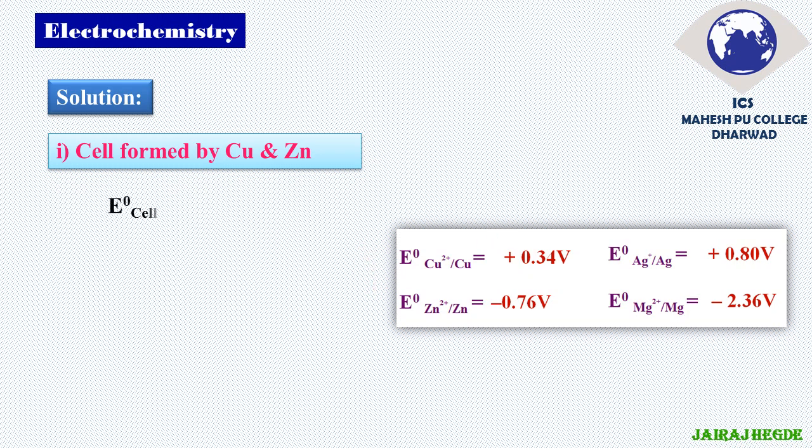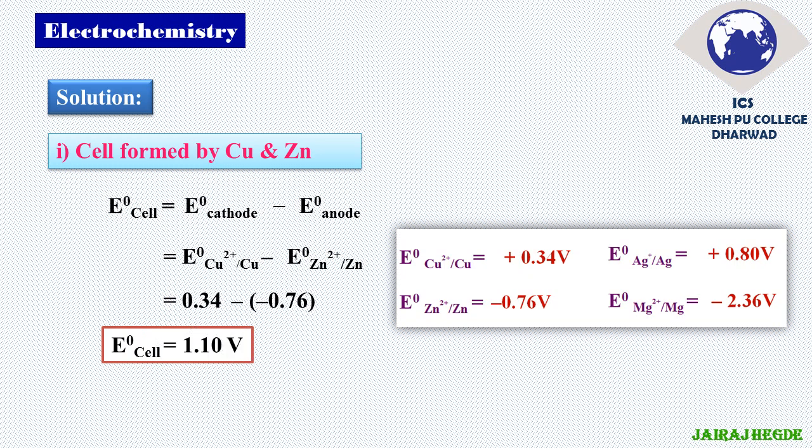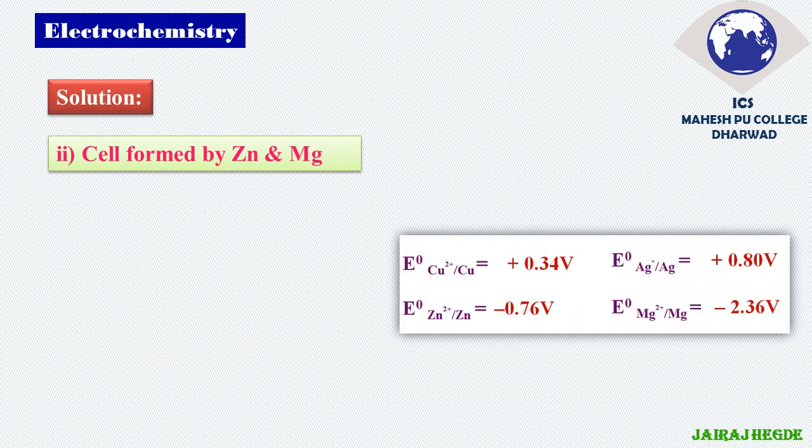So here copper is the cathode electrode and zinc electrode is the anode. So substitute the reduction potentials: plus 0.34 minus of minus 0.76. Minus of minus is plus. Its value is 1.1 volt. We have seen earlier the cell potential of the standard Daniell cell is 1.1 volt. So that's how it is to be calculated.